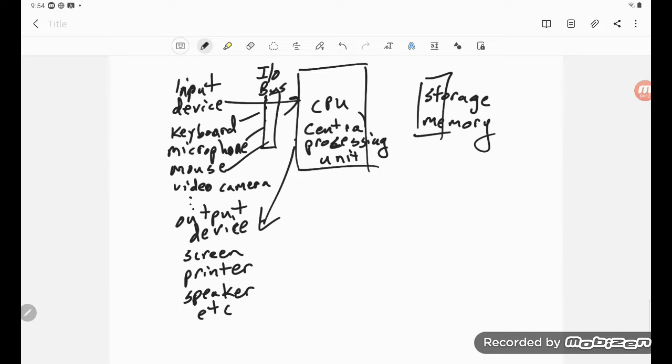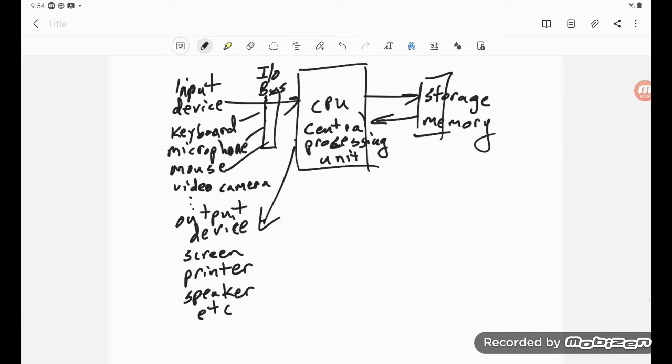Okay, and that would hold things like computer files, and well, really they're all files, but you may think of some of them as Word files, some of them as picture files, and so forth, but there's got to be some sort of storage memory that the computer can go out and find and then bring back to the CPU.